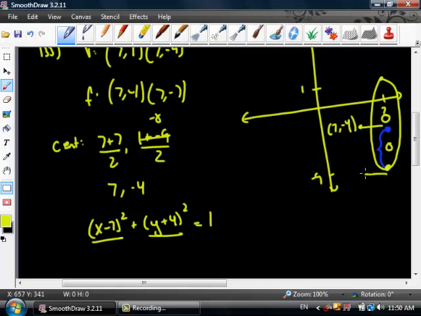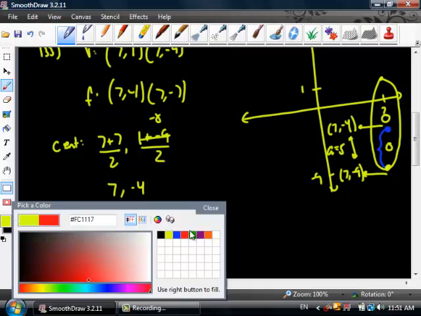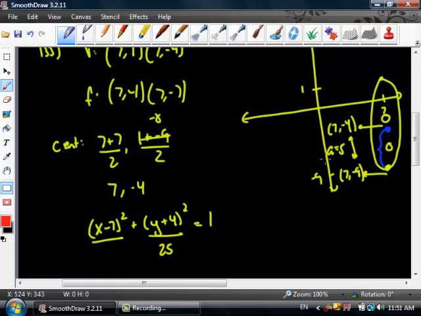The yellow dot is 7, negative 9. What is the distance between 7, negative 4 and 7, negative 9? It is 5. Now, that means that A equals 5, which means A squared is 25. Where does 25 go? Underneath Y.